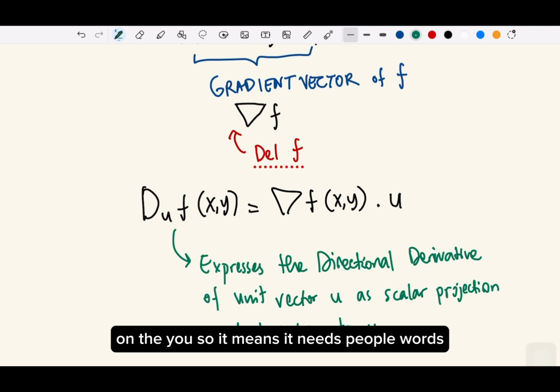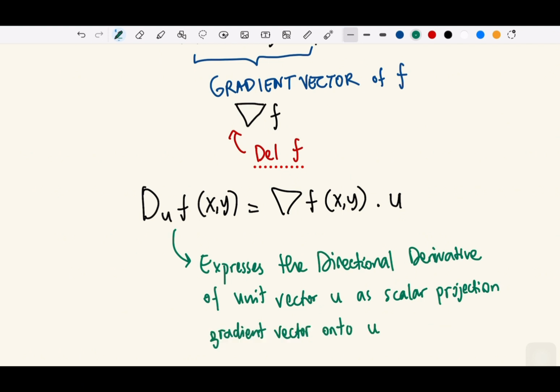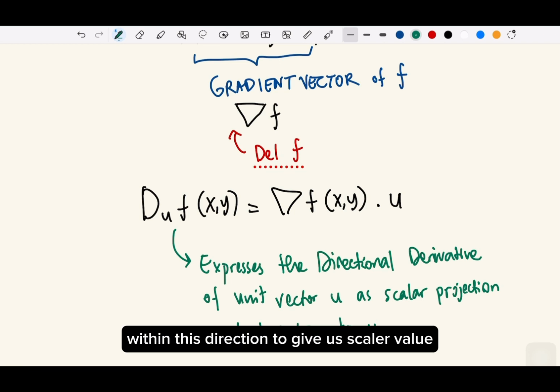In simple words, this is the vector we call the gradient vector, but the dot product results in a scalar. So we project this vector in this direction to give us a scalar value.